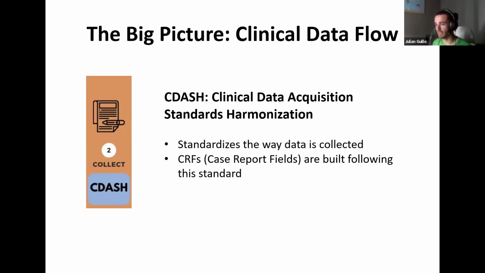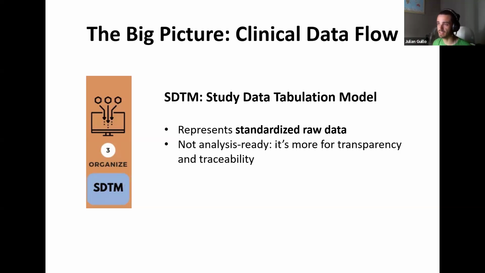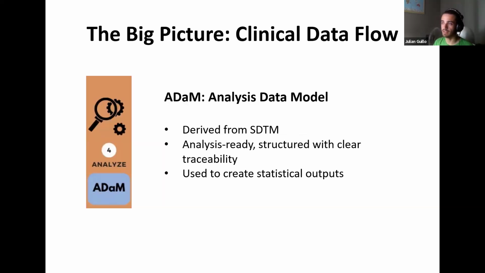Once you have collected the data, we have SDTM, which is the Study Data Tabulation Model. This represents the standardized but raw data. So it's not yet analysis ready, and it's divided into domains. More on that later. And the ADaM, the Analysis Data Model, is derived from SDTM, and it's already analysis ready, clearly structured, and can be easily traced.